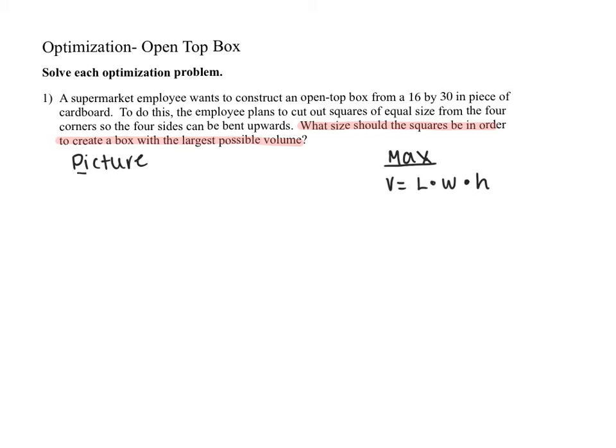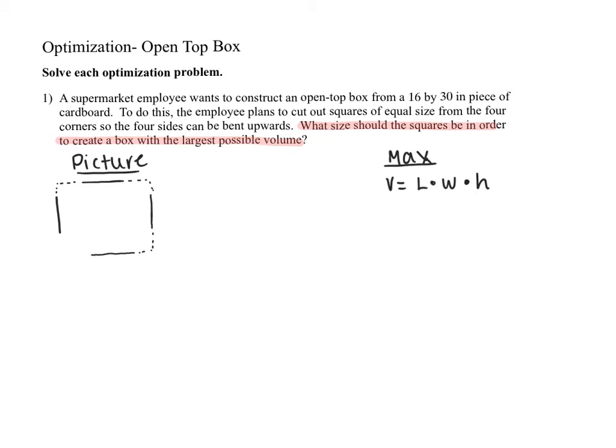So here, the picture is really very important. So we're basically constructing a box with an open top. So it's a little bit harder to draw, but basically the way that it works is the ends are kind of cut out.